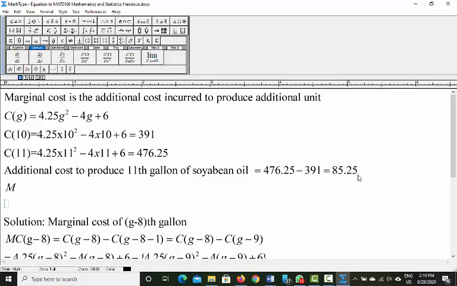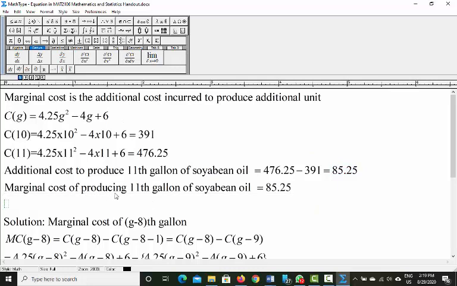The marginal cost of producing the 11th gallon of soybean oil is equal to this one. That's the definition.